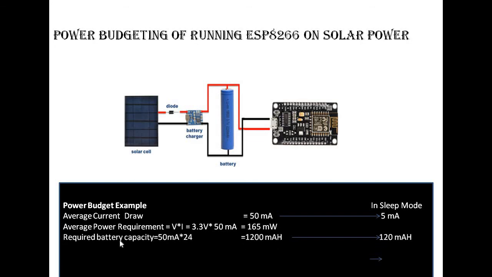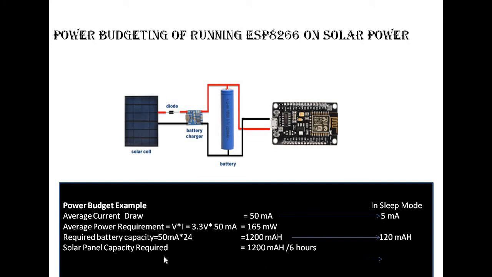Then the required battery capacity is equal to 50 milliamperes into 24 hours, which is 1200 milliampere hours, and in sleep mode it is 120 milliampere hours, because the average current draw is 5 milliamperes.